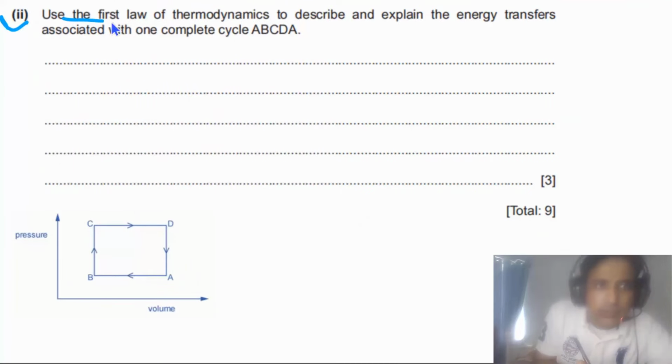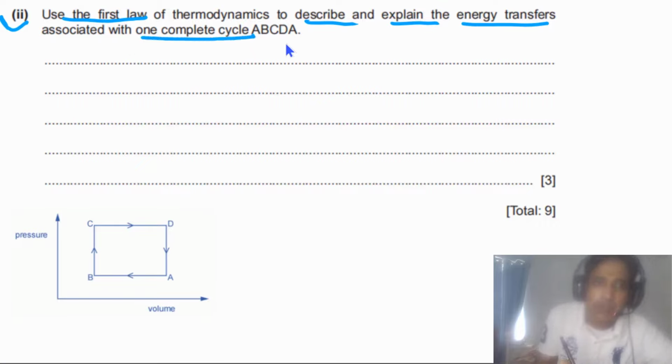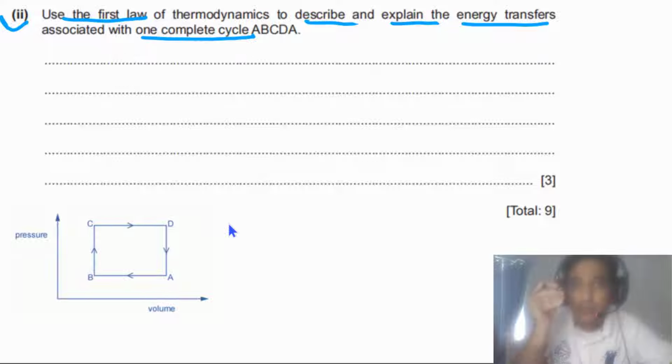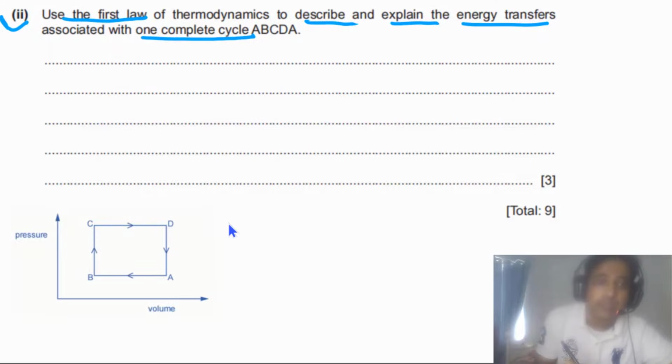The second part says to use the first law of thermodynamics to describe and explain the energy transfers associated with one complete cycle A, B, C, D, A. So we need to write down the first law of thermodynamics for one complete cycle.